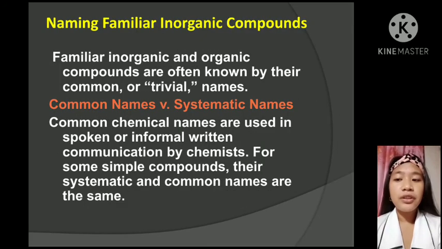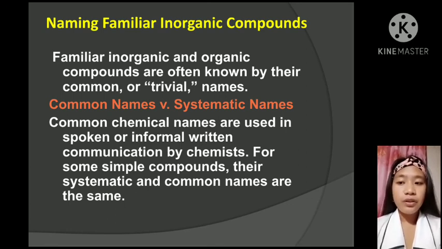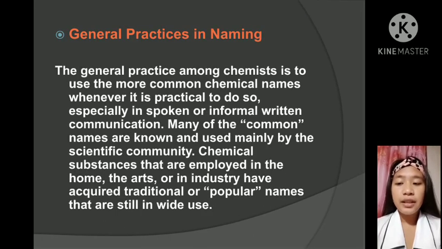Naming familiar inorganic compounds. Familiar inorganic and organic compounds are often known by their common or trivial names. Common names versus systematic names. Common chemical names are used in spoken or informal written communication by chemists. For some simple compounds, their systematic and common names are the same. General practices in naming.